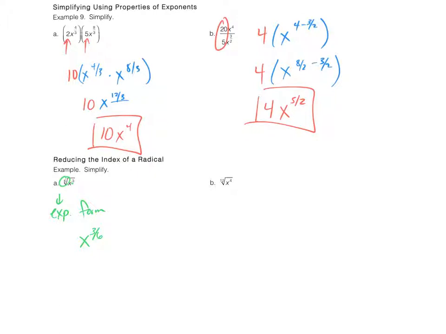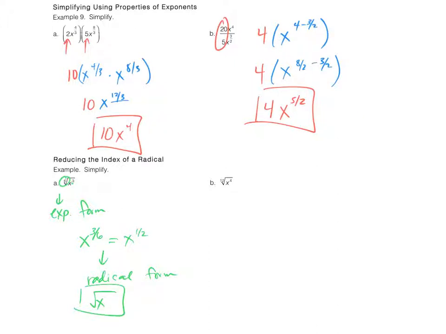And now I can just reduce that fraction. So 3 divided by 6 is the same as 1 divided by 2. It's 1/2. So that is x to the 1/2, which I can then put back into radical form. So this is x raised to the power of 1, and then the square root, which is my answer.